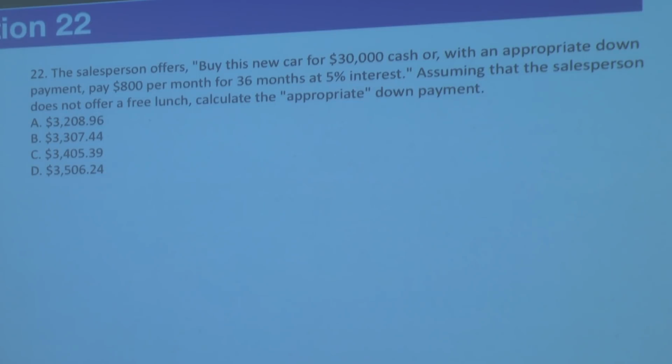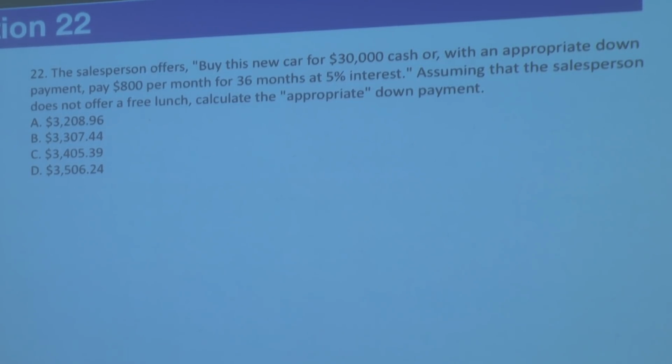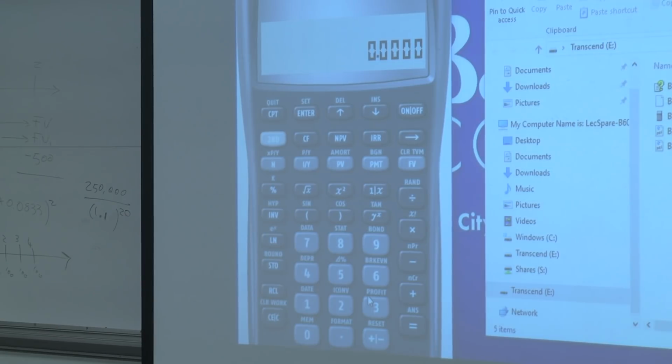So how do I compute this down payment? Figure out what the present value of $800 is. Very good. The first step is I want to figure out the present value of this payment plan. We have 36 months of $800 payments, 5% interest.